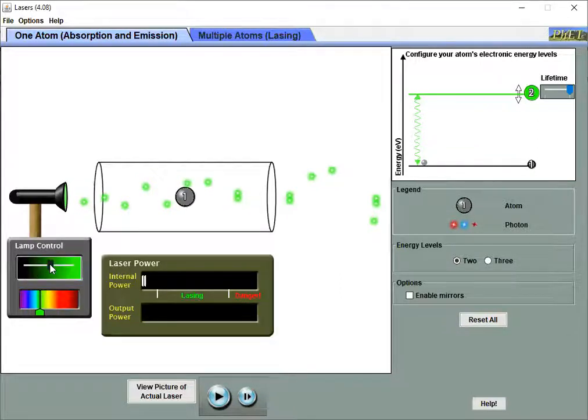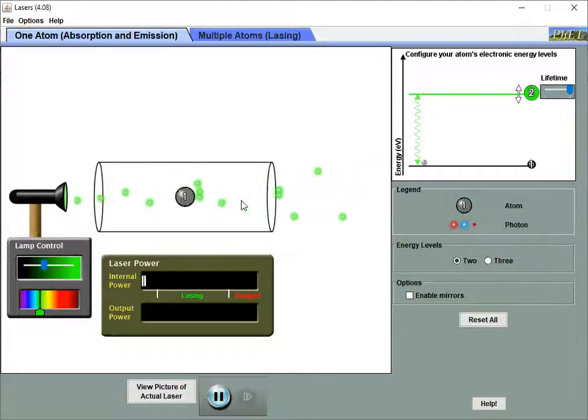I'm going to back off the lamp controls a little bit and then press play. And you can see that the time that it takes for the emission to happen coincides when a new photon comes in. And when a new photon comes in, while it's in an excited state, it's going to stimulate emission. Not spontaneous, stimulated.